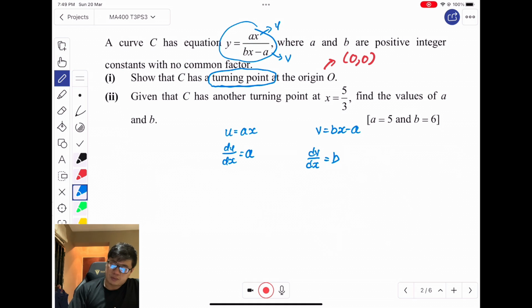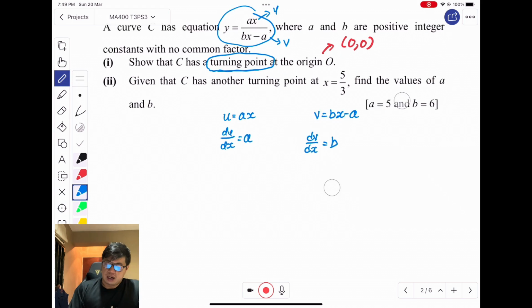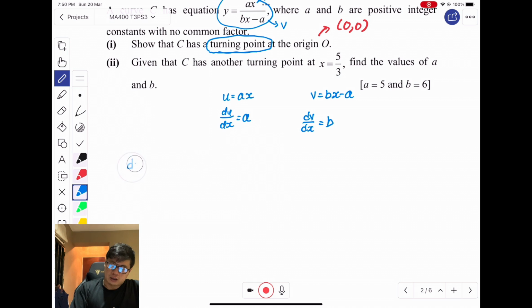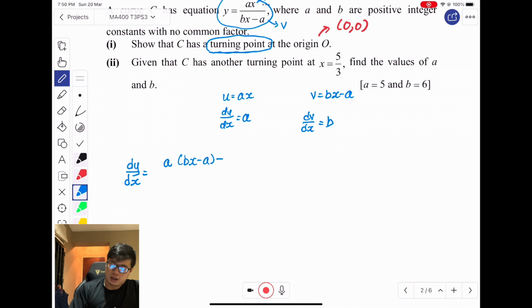Usually I like to write the parts out individually, and then dy/dx using the quotient rule would be du/dx multiplied by v, subtract dv/dx multiplied by u.